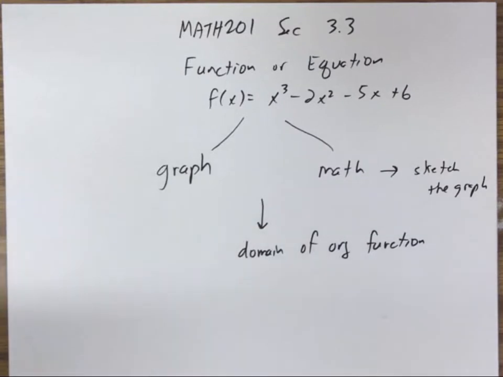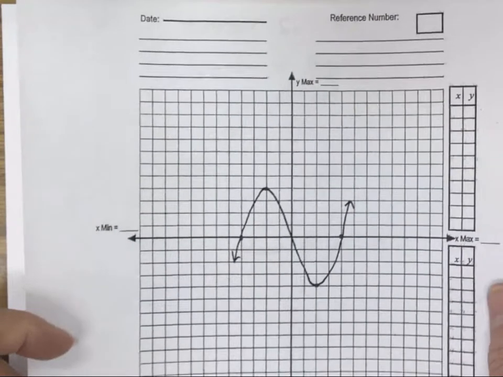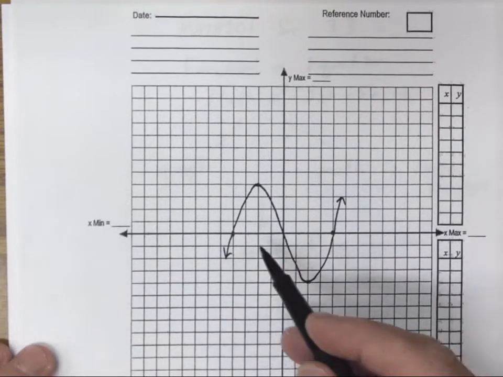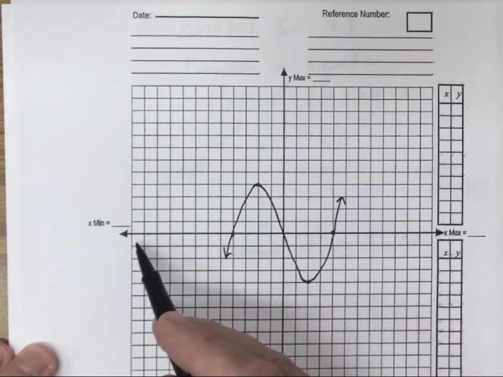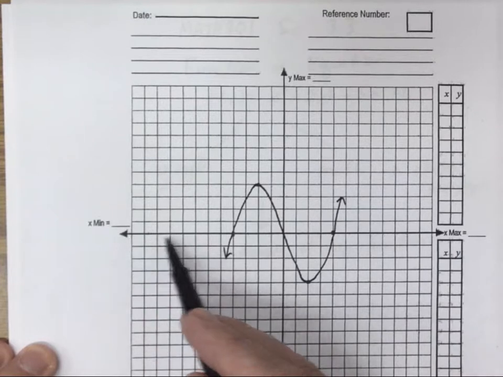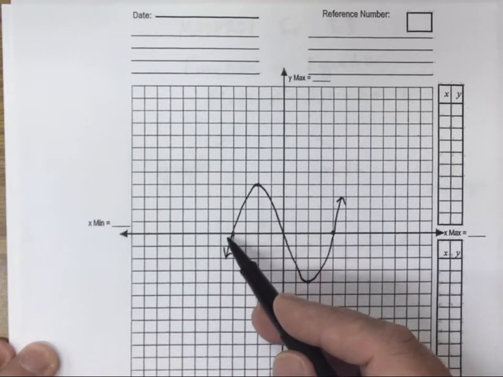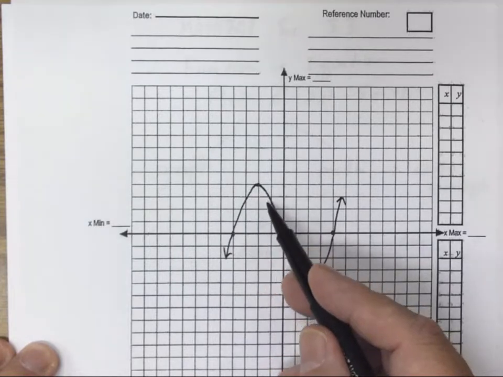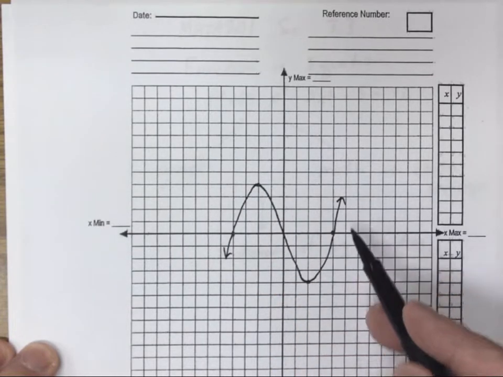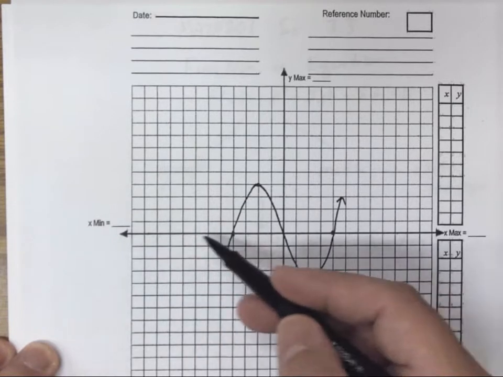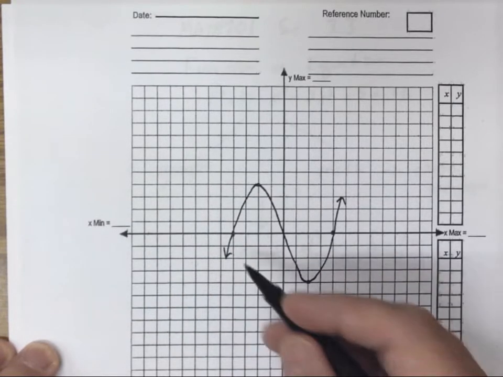Now when you're looking at a graph, the domain is very easy. The domain says you look at the graph, and I'm looking at the x-axis. And basically I say, first of all, this graph is continuous. There's no breaks or gaps. So then I say, okay, what's the smallest value of x for this graph?